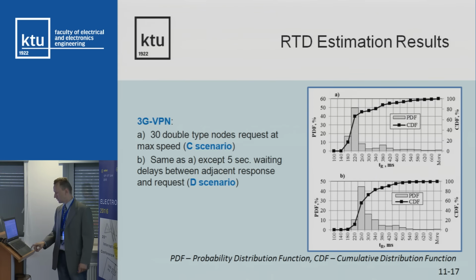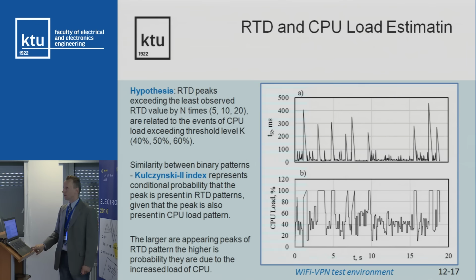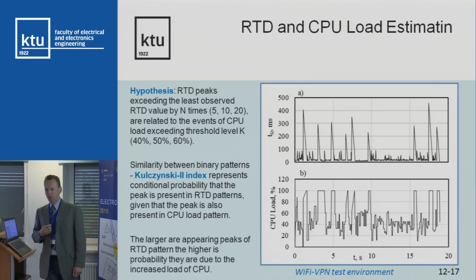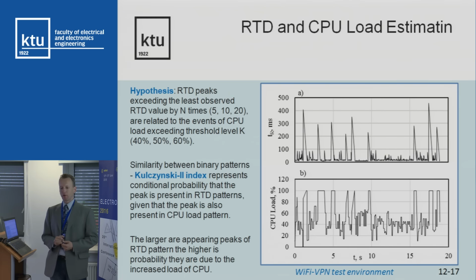So, hundreds of milliseconds in a 3G network using that type of hardware and these types of networks. Then we found out later, which was not at the very beginning, that quite a limiting factor was the hardware capabilities of that IoT gateway. Then we estimated CPU load, which is provided by Linux utilities inside that machine.